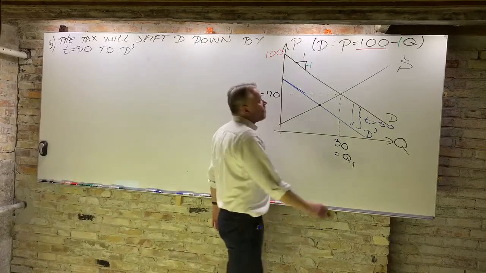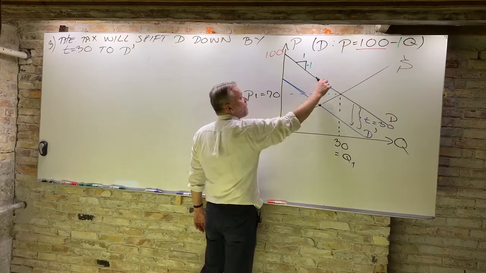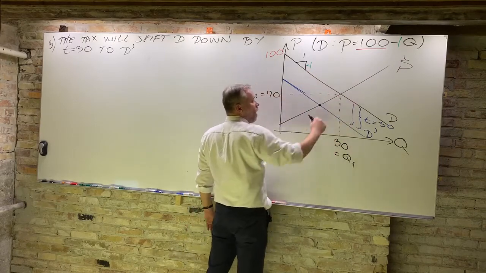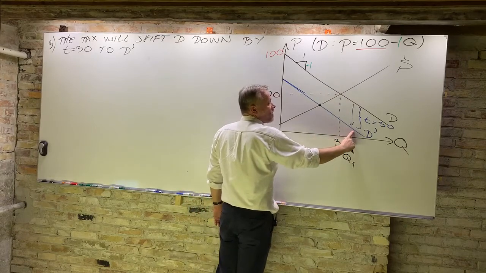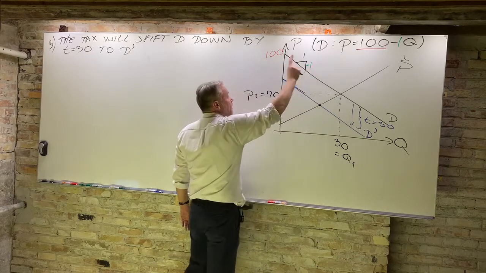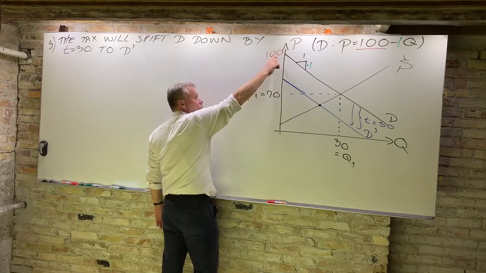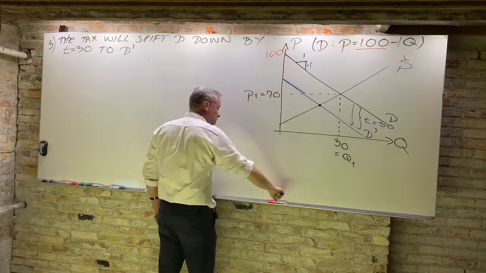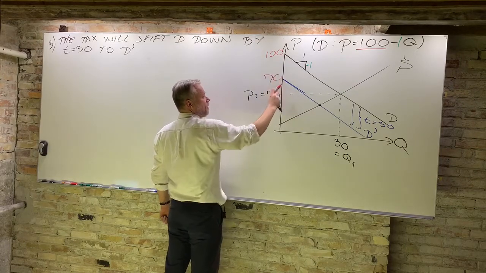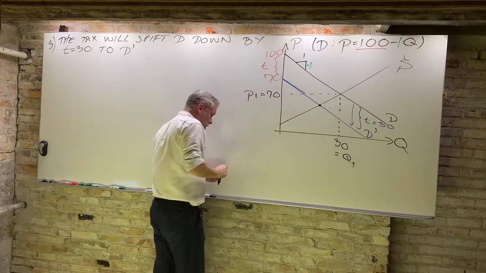By looking at the original demand curve, we can find the vertical intercept, we can find the slope, and having realized that this will shift down by 30, no matter where we are, we can conclude that the new demand curve must have the same slope as the original one, in other words, -1. At the same time, we can conclude, if it has shifted down by 30, that if the original vertical intercept was 100, the new vertical intercept must be 70, which of course then means that my sketch is wrong, because these two should be the same, but that's not really the point, it's just a sketch.